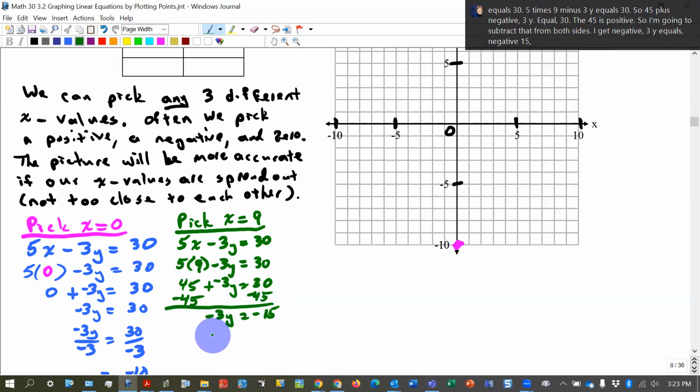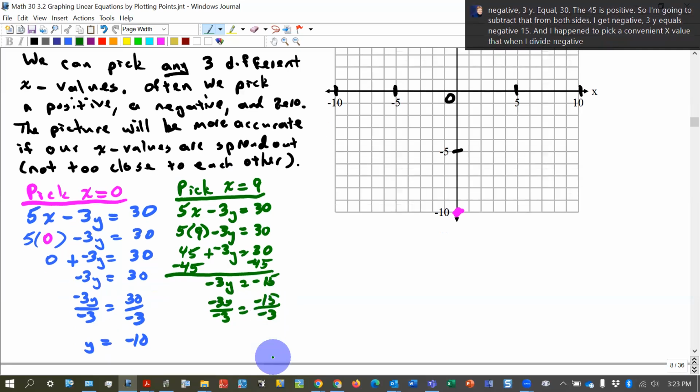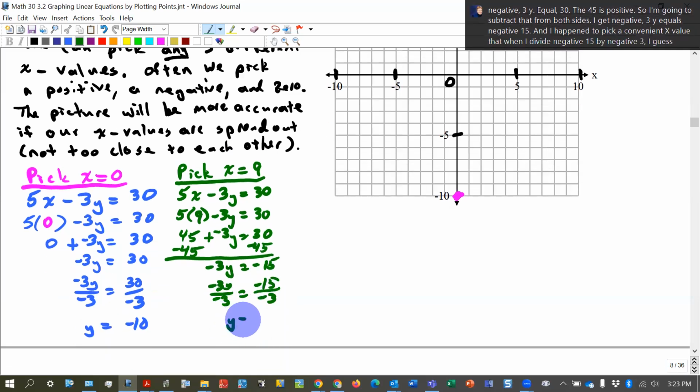15. And I happened to pick a convenient x value that when I divide negative 15 by negative 3, I get an integer. But you're not always going to get an integer. When I had made my mistake over here before, notice I had a mixed number.